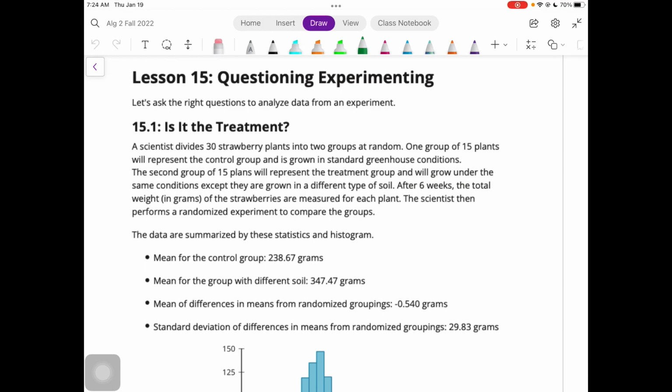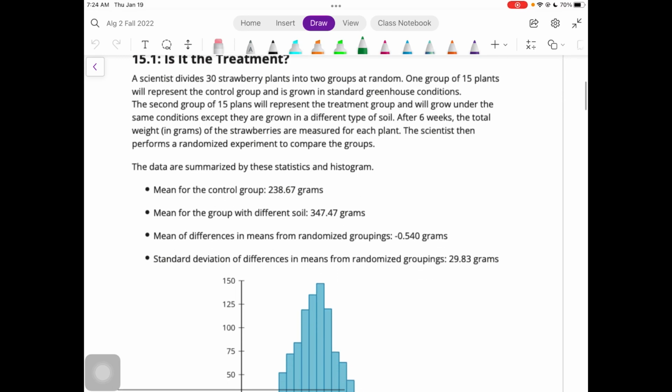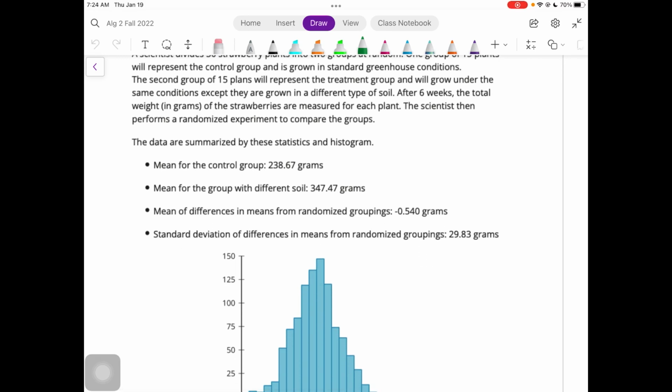The data are summarized by these statistics and histogram. The mean for the control group is 238.67 grams. The mean for the group with different soil is 347.47 grams.